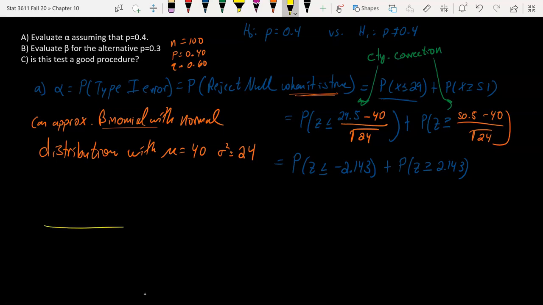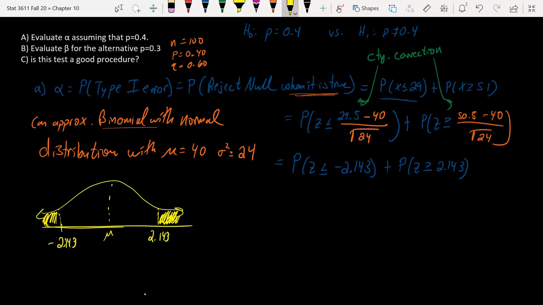Okay. And that's actually a nice thing to notice, because if you think about this, these are symmetric issues, right? In the sense that less than the negative, if I draw a normal distribution curve, and I say here's my mean mu, and if I'm at negative 2.143, right there, and I want this area, but I also want the area bigger than the positive, those are the same areas.